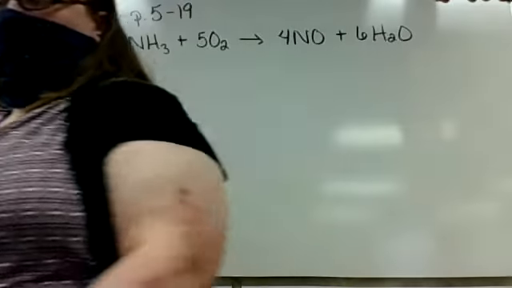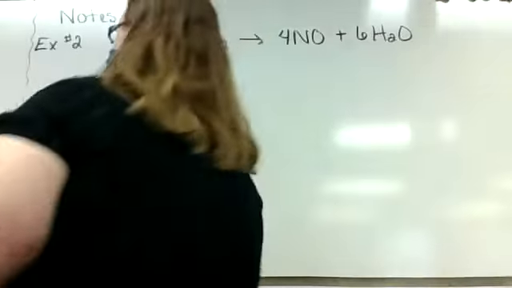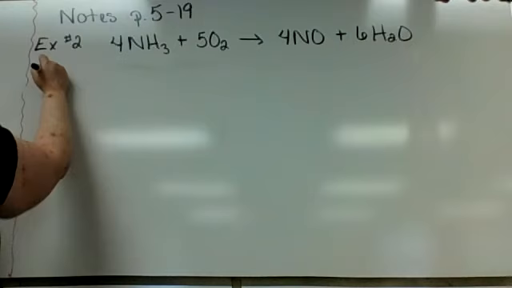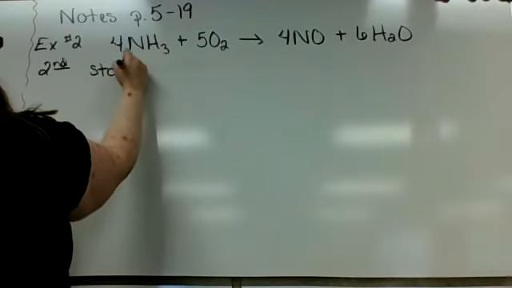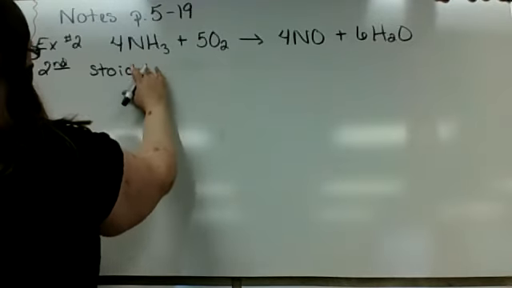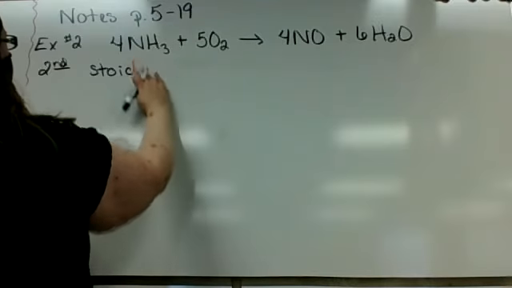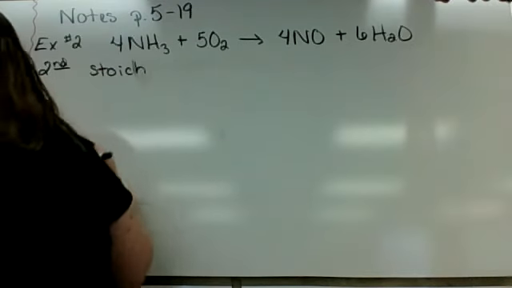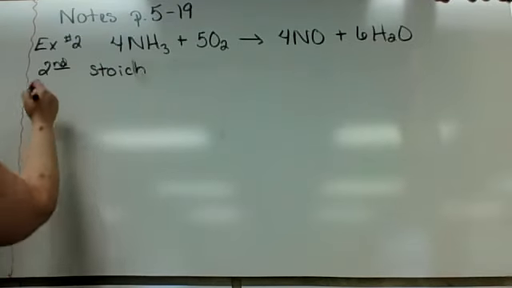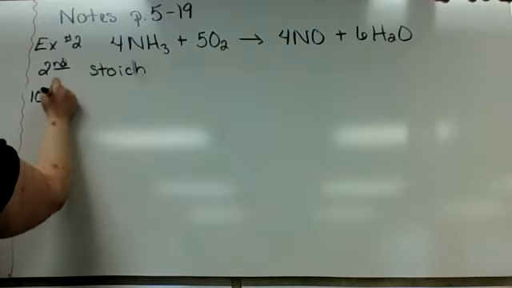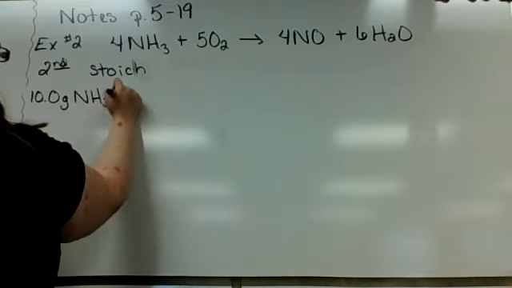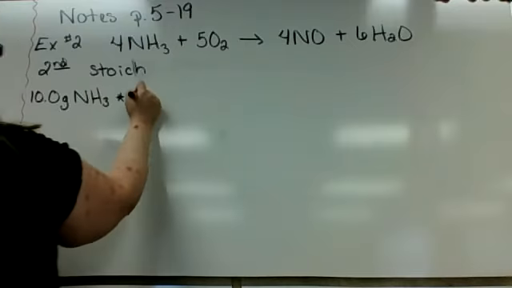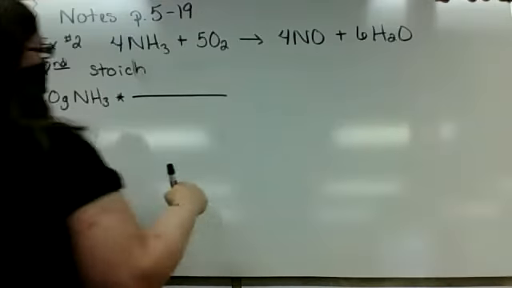All right, so now stoichiometry. Okay, so we've got 10.0 grams of NH3. What do we have to calculate first?